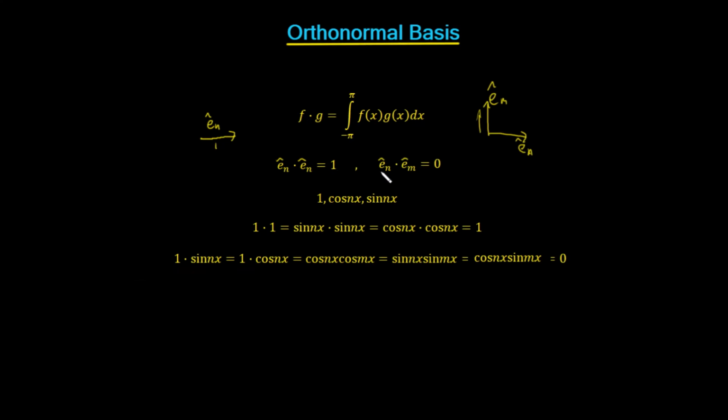So we have to show that 1 dotted with cos nx is equal to 1 dotted with sin nx, and that cos nx with cos mx is equal to sin nx with sin mx, and finally that the mixed value, cos nx dotted with sin mx, gives us the value of 0.